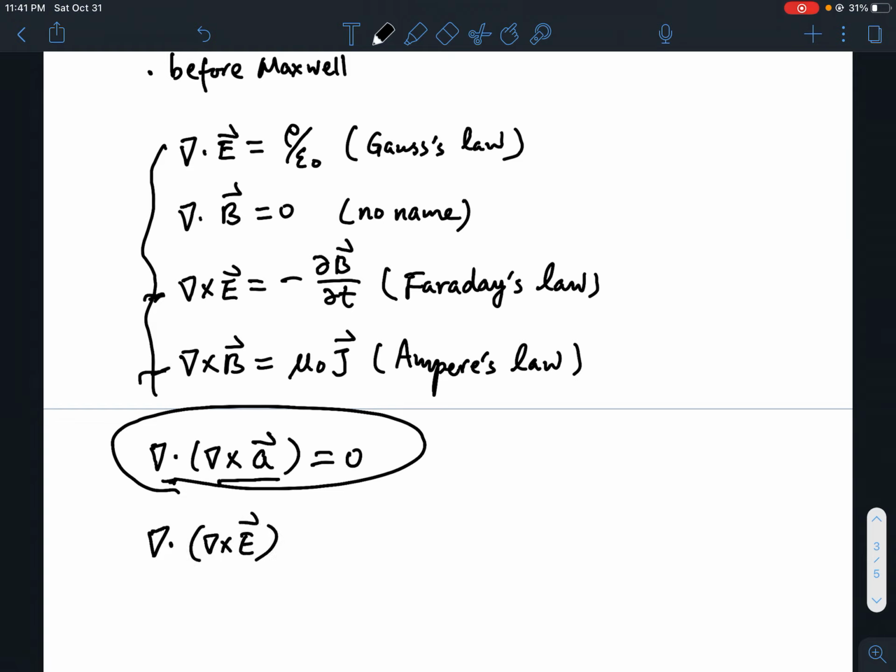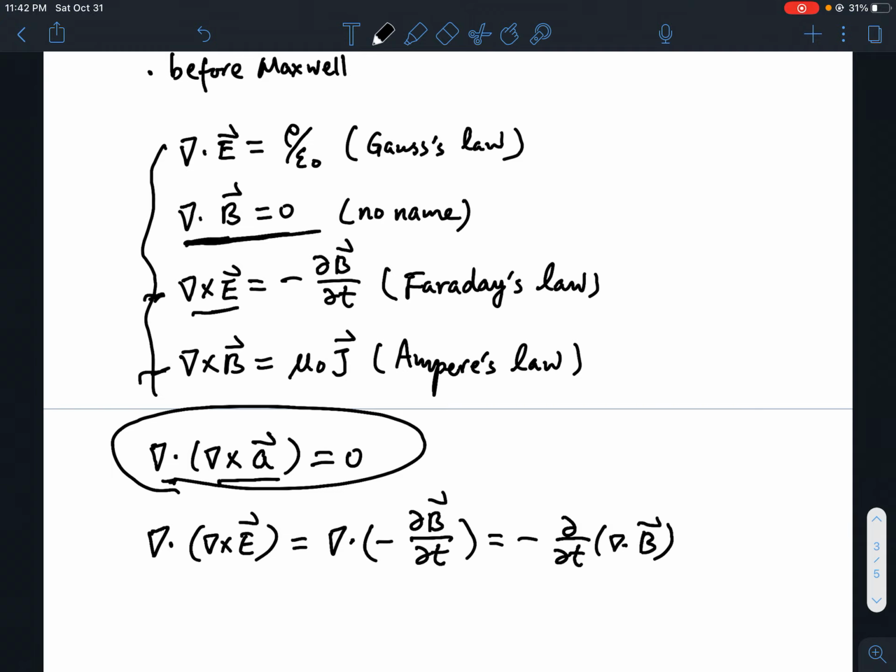So we first look at this one. If we calculate the divergence, what we have is del dot of minus partial B over partial t, which is minus partial t of del dot B. And from here we have del dot B equals 0.